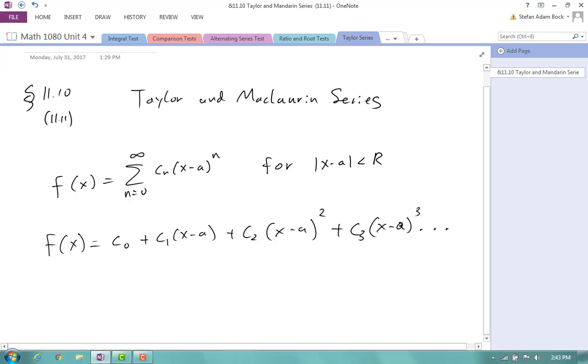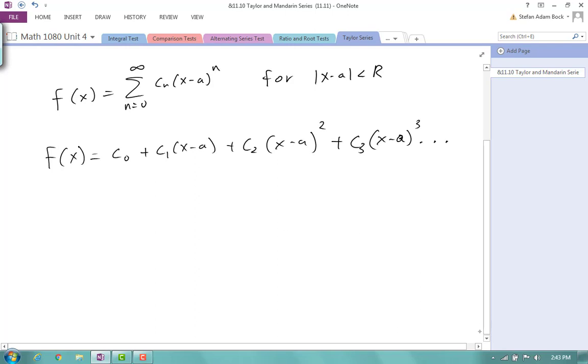If I plug in a, both sides of this equation would have to be equal, specifically since a is the center of this series. So I'll get c sub 0, but when I plug in a, all of these other terms become 0.